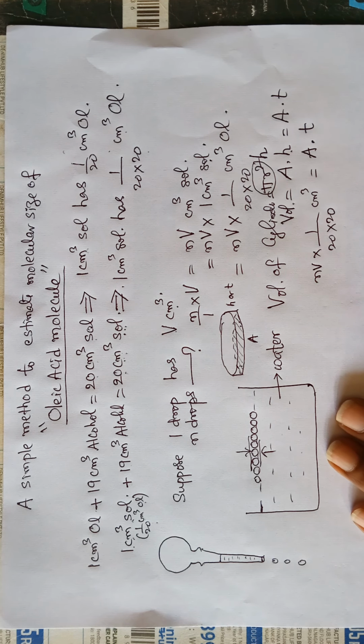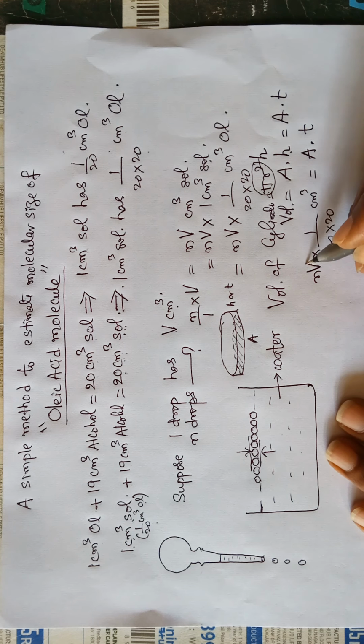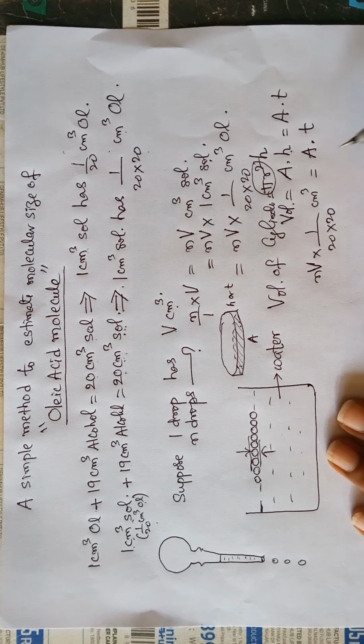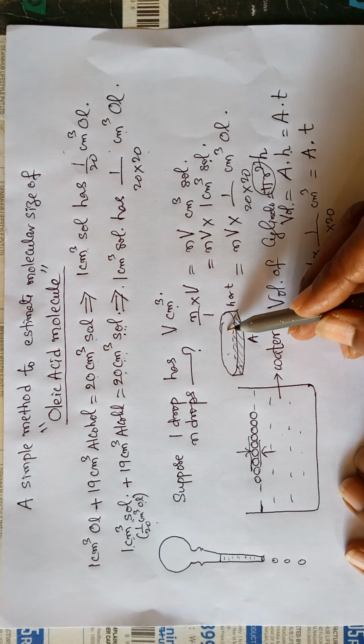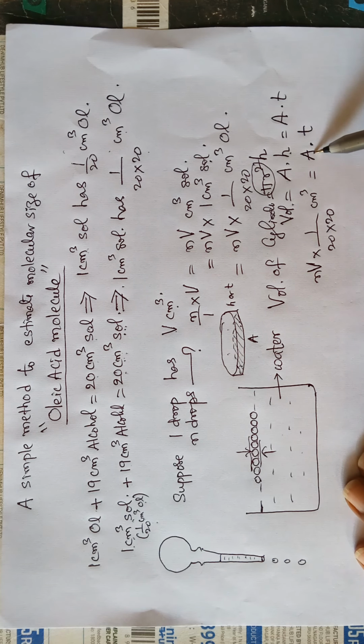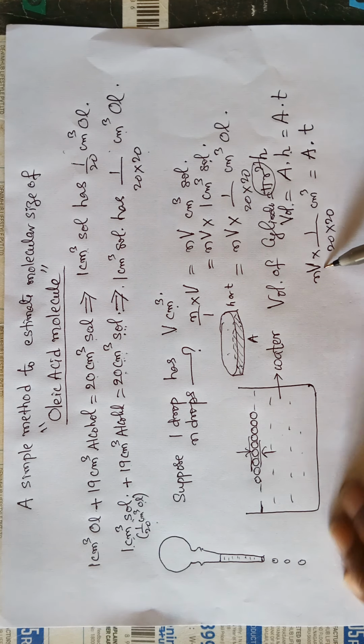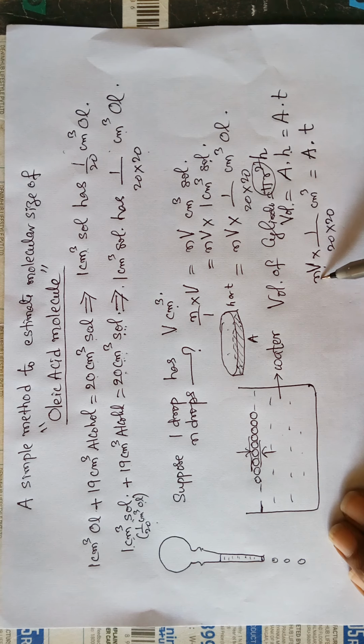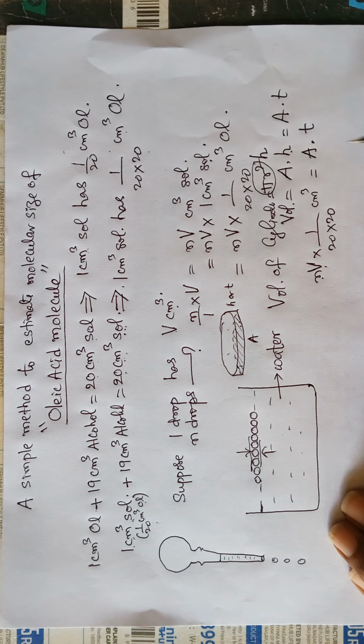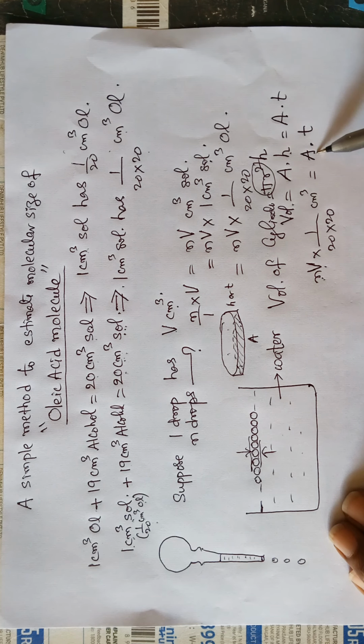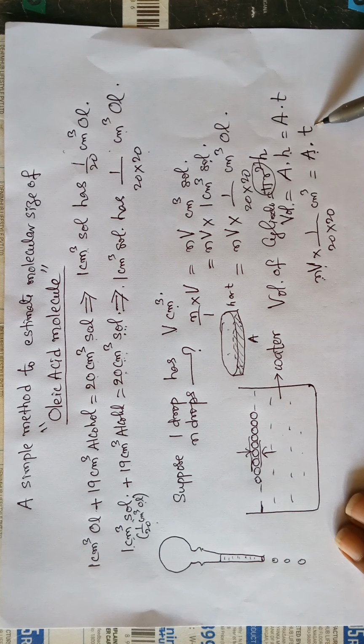See here, if base area is known, if capital V is known, if number of drops is known, then substituting the n value, V value and A value, you can find the t value.